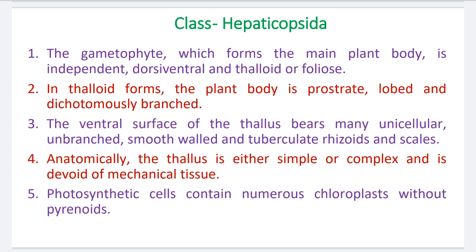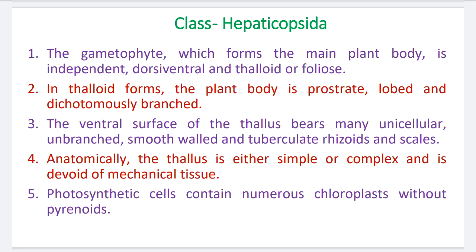Nutritionally it is independent. It does not depend on any other plant body, because this plant body itself synthesizes its own food and absorbs water and minerals independently from the soil, so it is called an independent plant body.